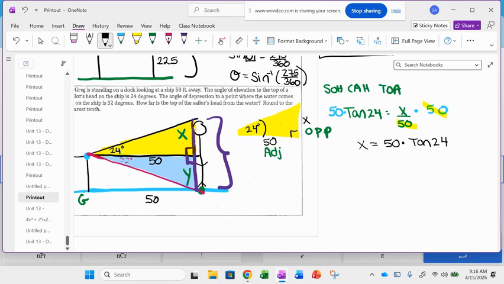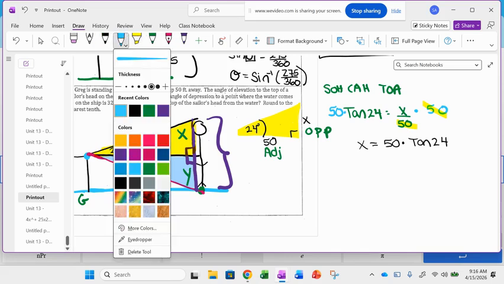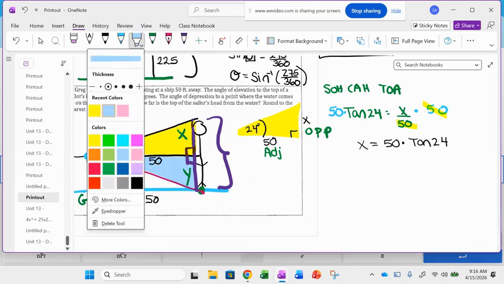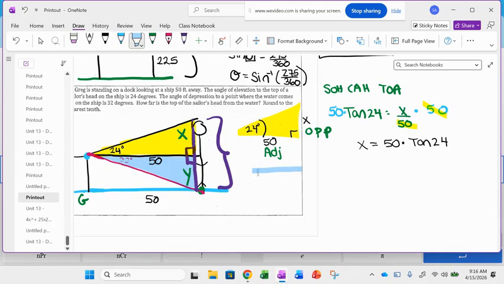I'm not done yet. Now I want to use the blue triangle, so I don't have to keep going back and forth. In the blue triangle, y is opposite and 50 is adjacent.